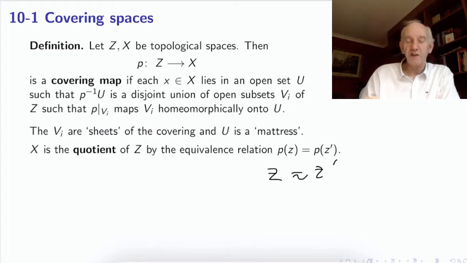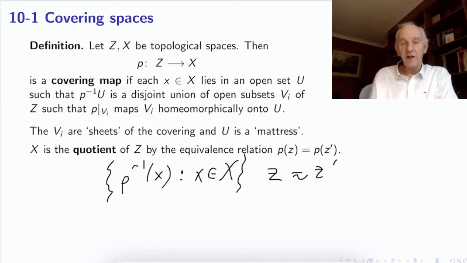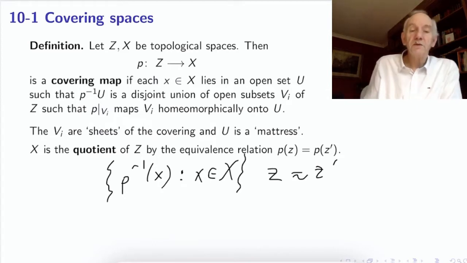Here the equivalence classes would simply be the inverse images of the points x in X. Those are the equivalence classes in this case.